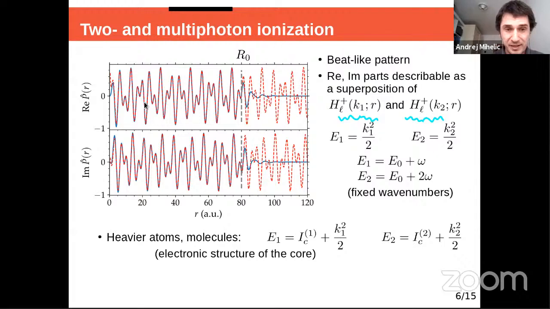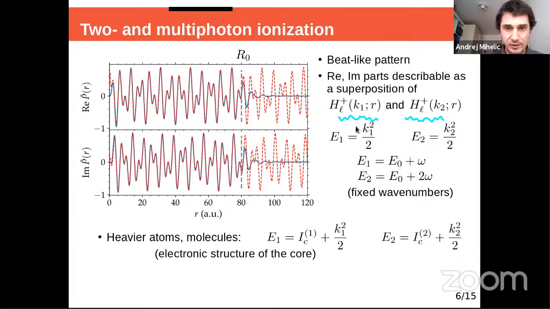This beat-like pattern can actually be described by a superposition of two Coulomb waves with fixed wave numbers, and even more, those fixed wave numbers are exactly equal to the wave numbers K1 and K2, which correspond to the energies of the first and the second step.